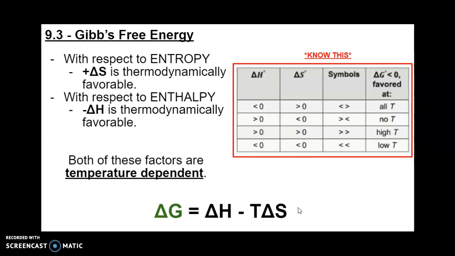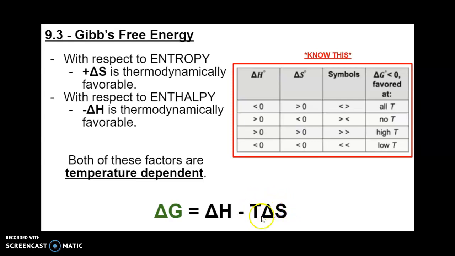Likewise, if we look at a situation where we have a favorable enthalpy, so a negative enthalpy, and a negative entropy, if we are at a very low temperature, then that's going to mean that we have a positive value here.